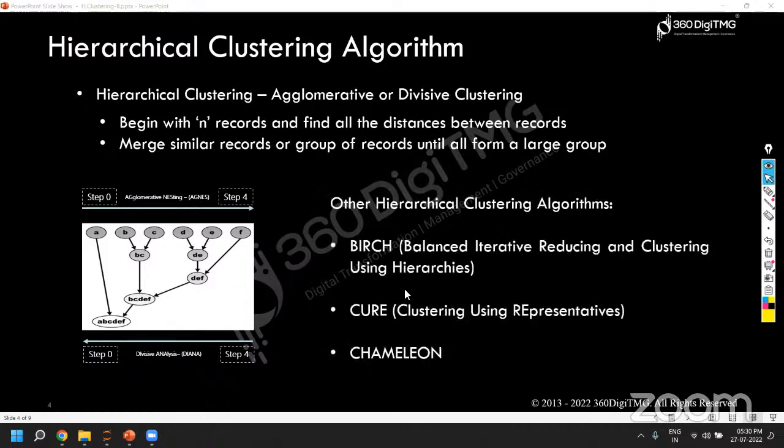There are various other techniques also, like BIRCH approach, CURE approach, Chameleon approach. All these basically have a hierarchical approach only. BIRCH stands for balanced iterative reducing and clustering using hierarchies. CURE means clustering using representatives. Chameleon is explained as chameleon itself, based on the similarities that we try to measure.